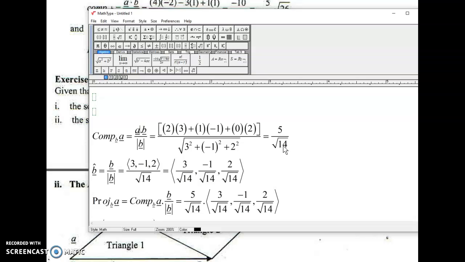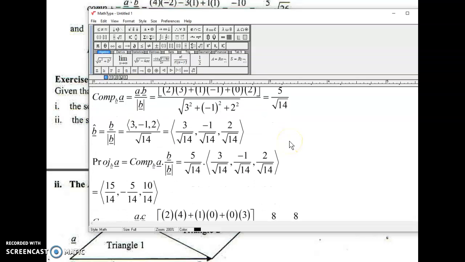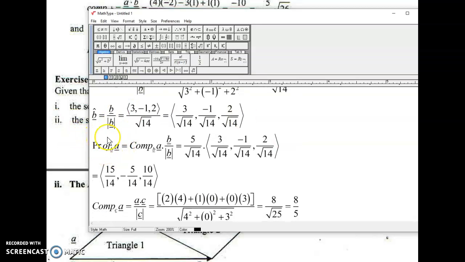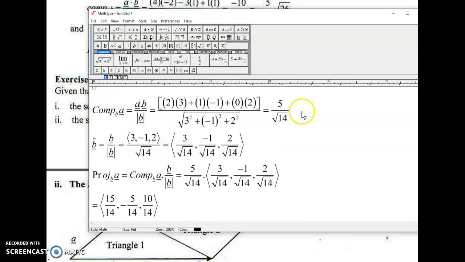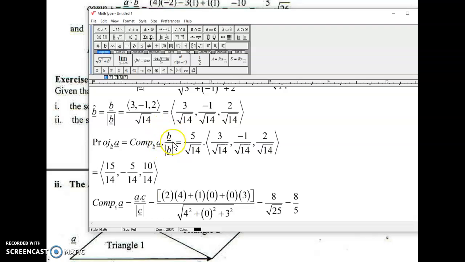And what about the vector? The vector will be calculated using this again. This component that we calculated just now, 5 over 14, will be multiplied with the unit vector of B, because that is where the shadow is, on the vector B. Before that, we'll find the unit vector of B. We have covered this before.